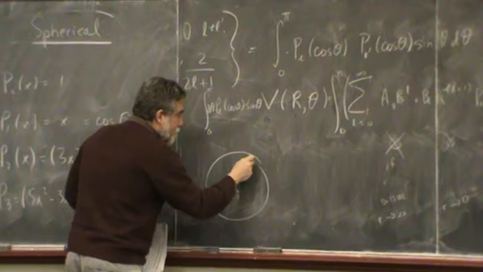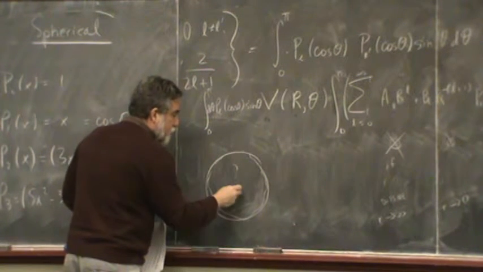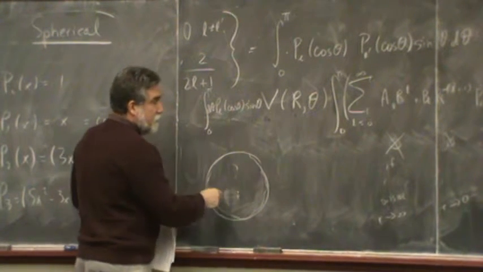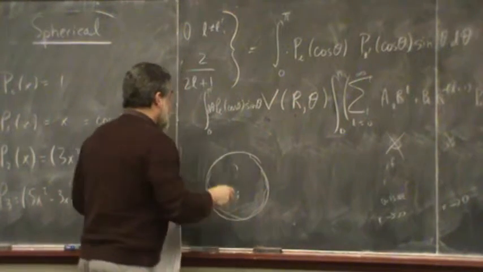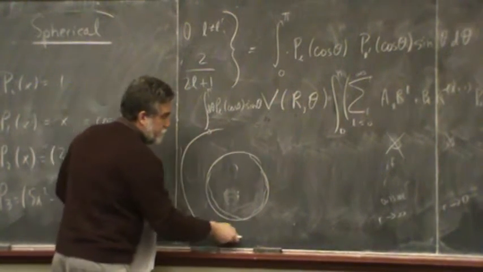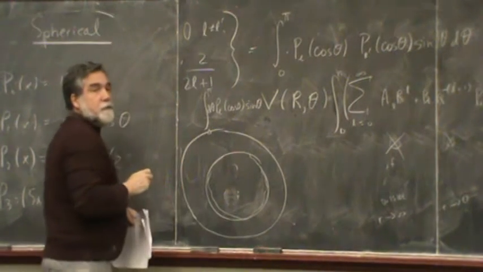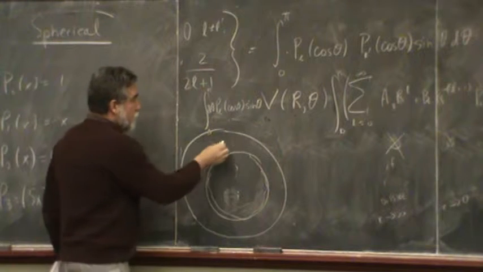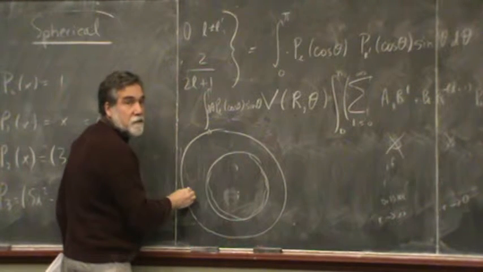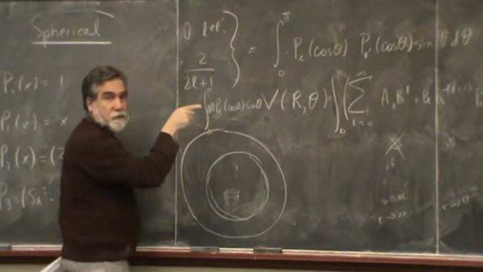In this problem, where I have the potential on a surface and want to solve inside all the way to 0, I drop out those solutions. But in this problem, with two concentric spherical surfaces, where I want to solve in this region here, I have to keep all of the possible solutions.